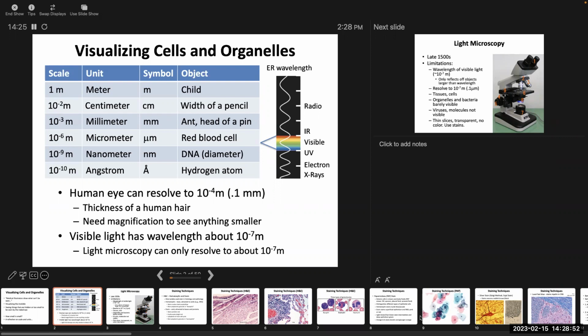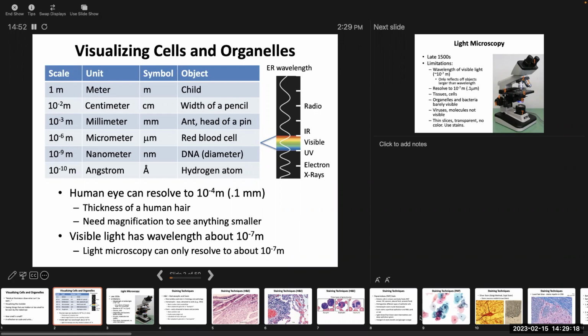But when you get down to things smaller than that, like a molecule like DNA, visible light cannot reflect off of the surface of something that is smaller than the wavelength of that form of energy, which means that it is theoretically impossible to see a molecule because light can't reflect off of the surface of an individual molecule.